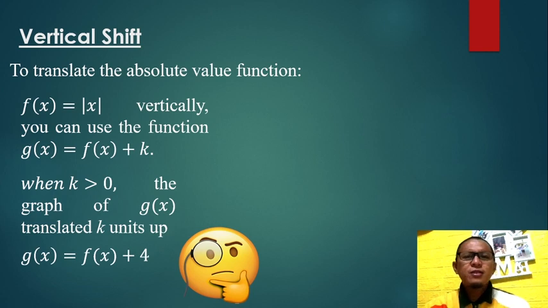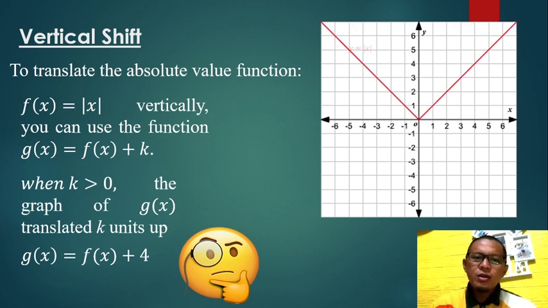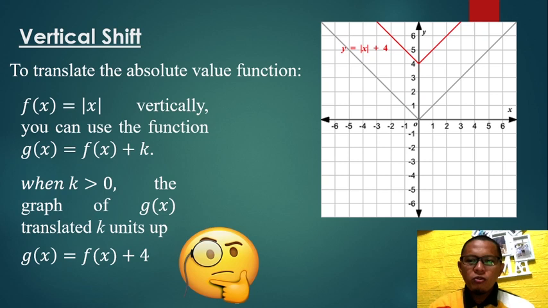For example, g of x equals f of x plus 4. Since k in g of x is greater than 0, the graph is vertically translated units up. The graph is from the original f of x equals the absolute value of x. Since we add 4, the graph is moving up, right?